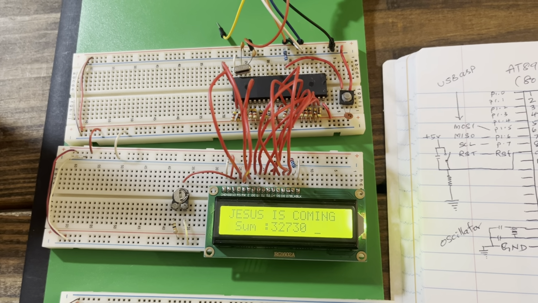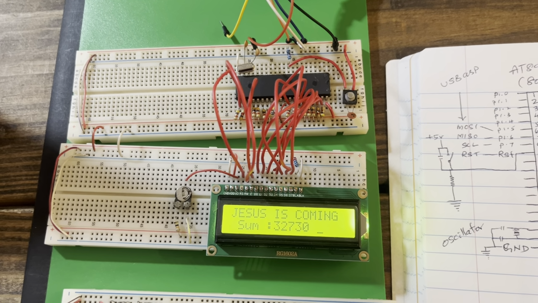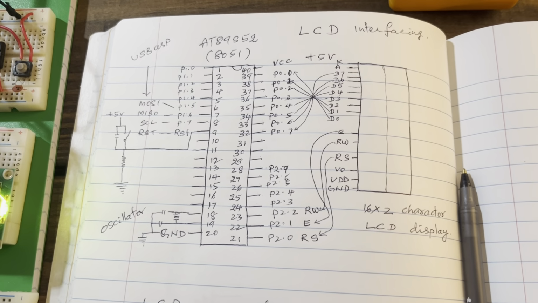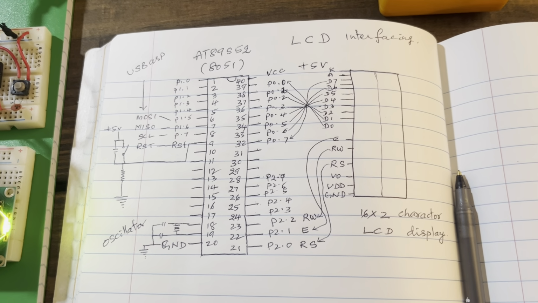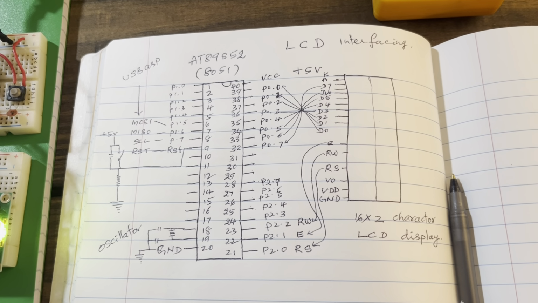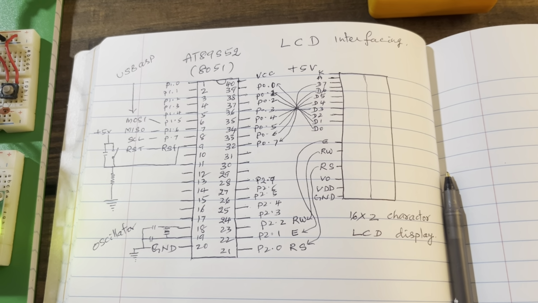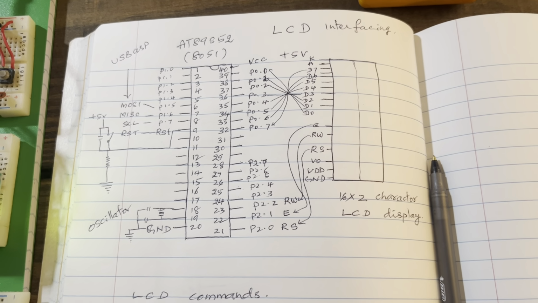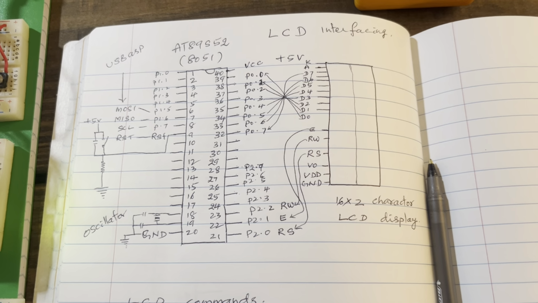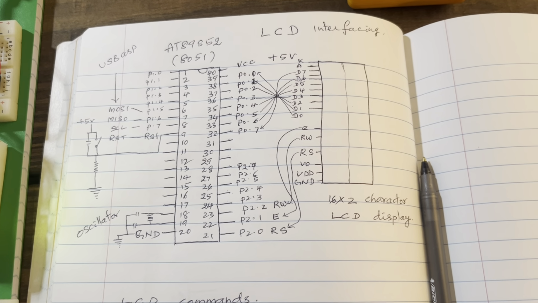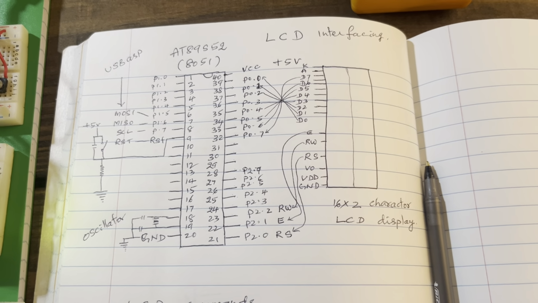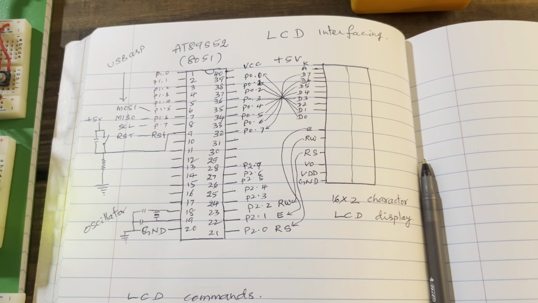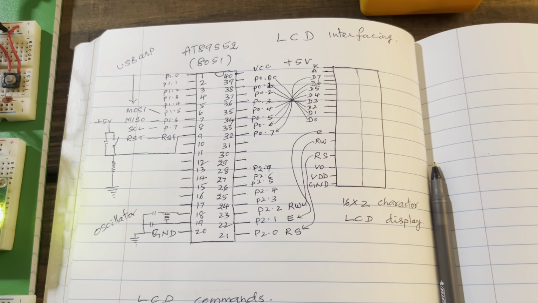Today we are going to interface LCD display to 8051. So in the circuit diagram, everything I have given here, we can note down this. The 8051-based microcontroller, AT89S52, has 8 kilobyte flash memory, and I have connected the LCD display to port 0 and port 2 pins.